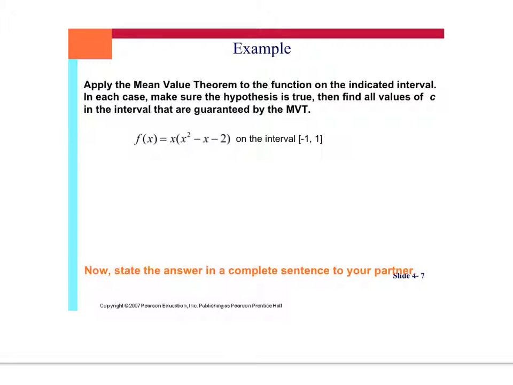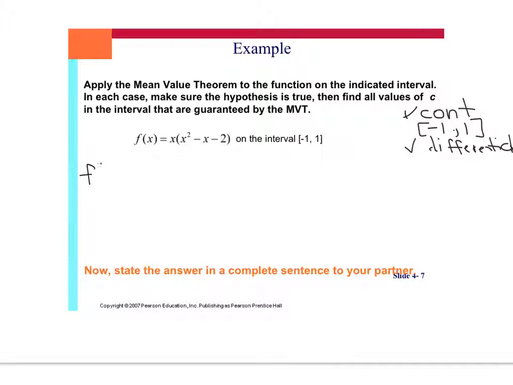So we can say that it is continuous on the closed interval from -1 to 1. And the derivative of a cubic is a parabola, which is also differentiable on the entire interval.